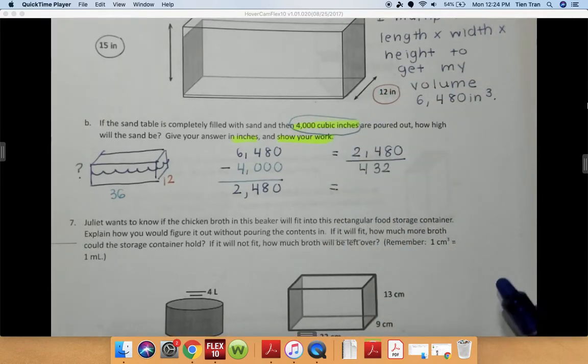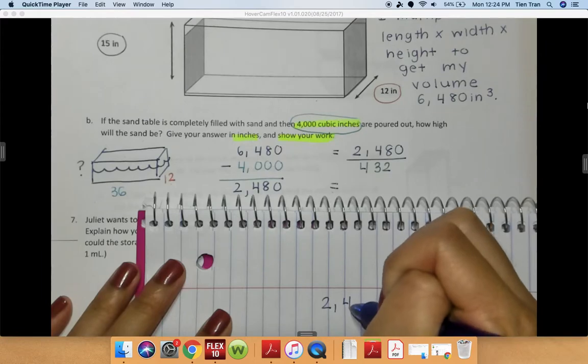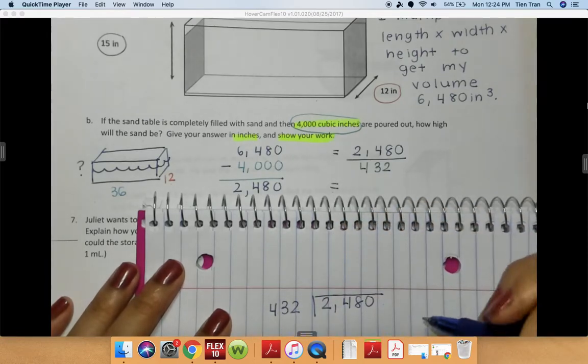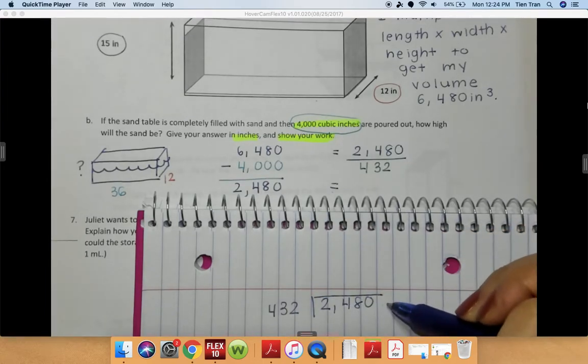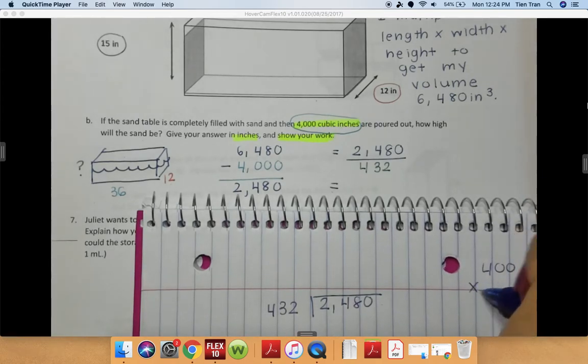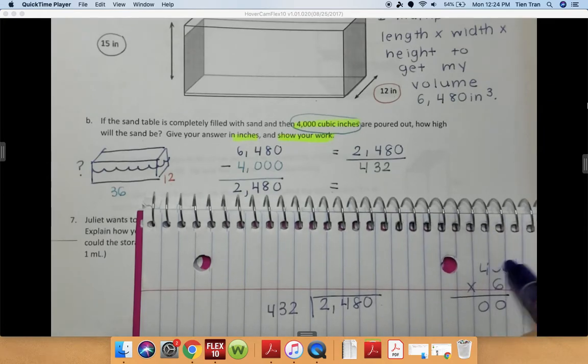Okay, and I'm going to show you how I do that. 2,480 divided by 432. Trying to think, how many times do I think 400 can go into about 2,400? I'm thinking about 6. So 400 times 6. Oh, not 400, 432.